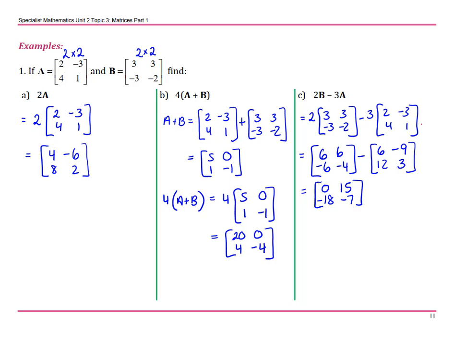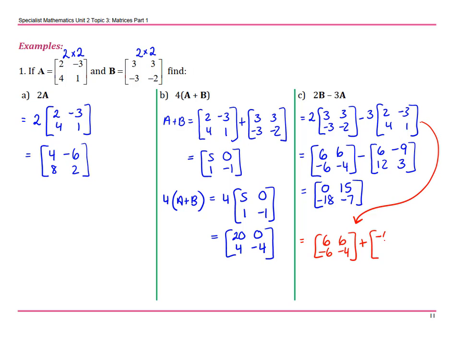So what I mean by that is here I could have done something different. I could have kept my 6, 6, -6, -4 by multiplying B times 2, but made this a plus and multiplied matrix A by -3.